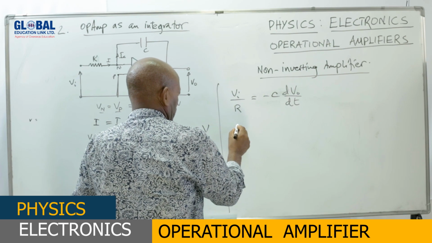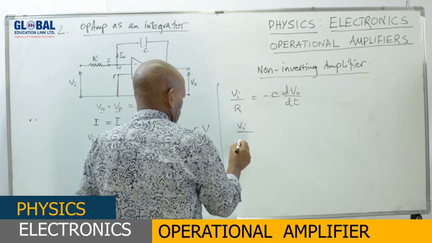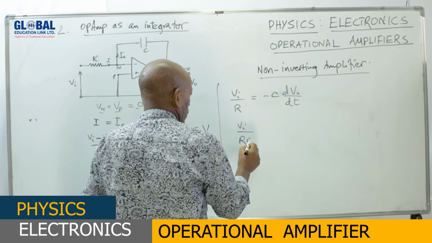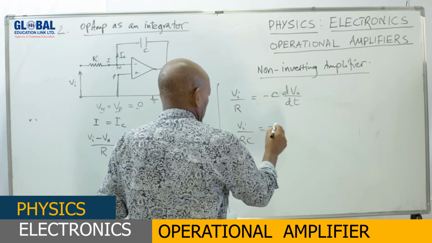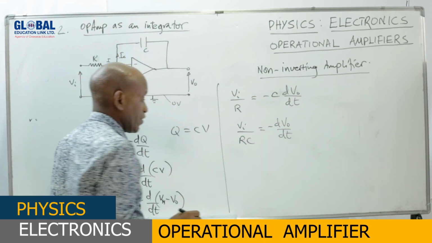And if we write it in a better way, we find that the input voltage over RC is equal to minus dV0/dt.